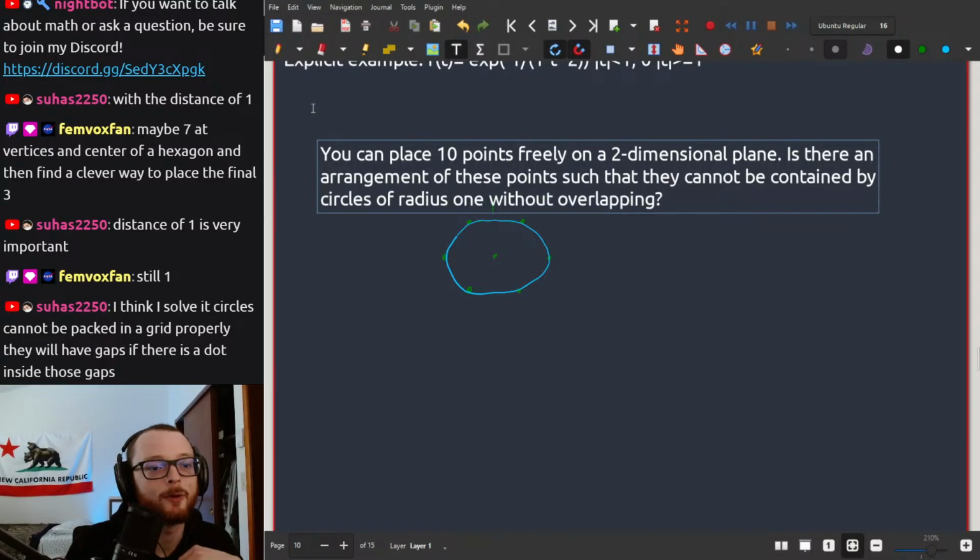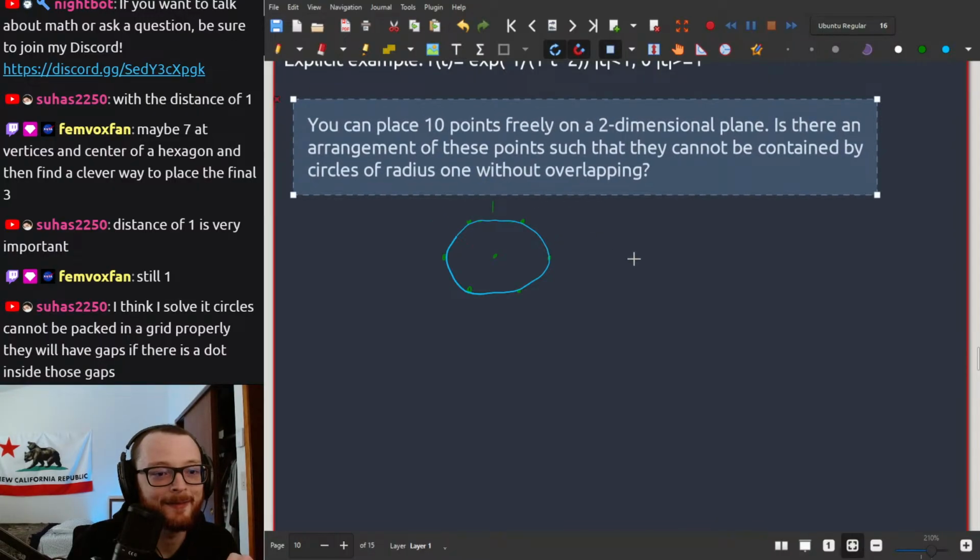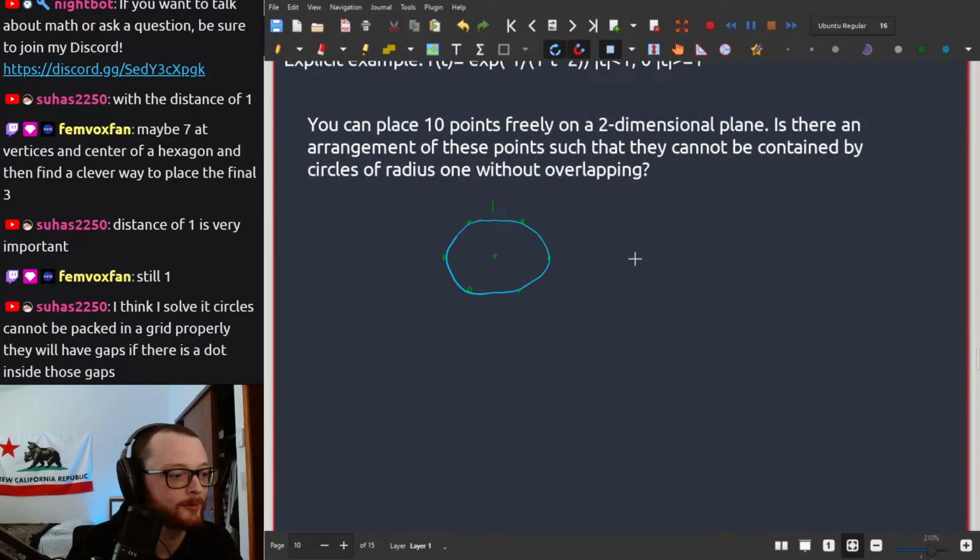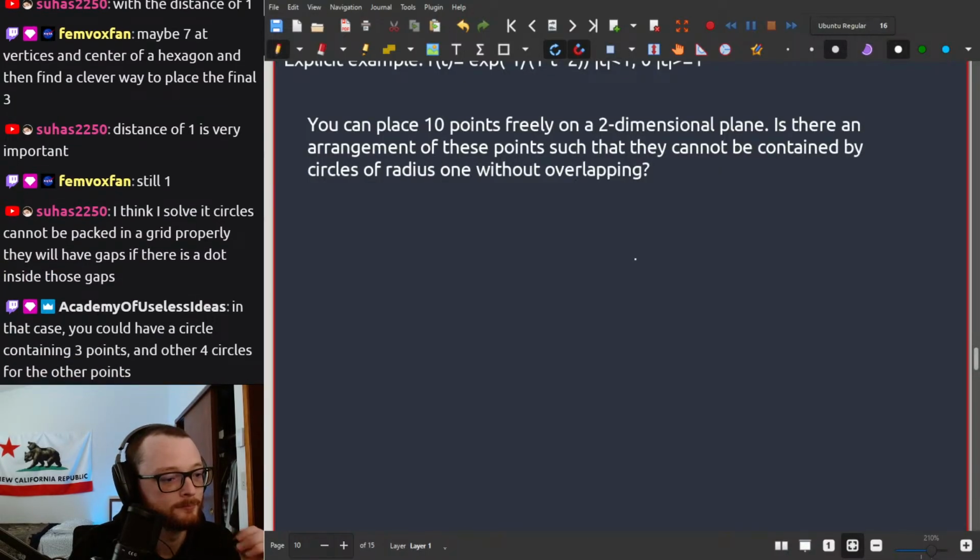I haven't phrased this that well, but I think that's the gist of the question. You have a circle containing 3 points and 4 other circles containing the other points. Circles cannot be packed in a grid properly. They will have gaps if there's a dot inside those gaps.